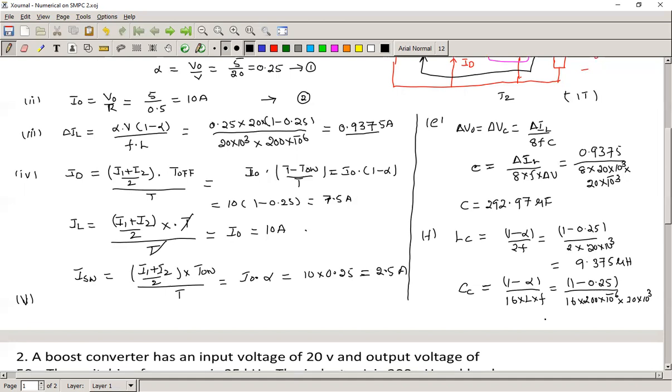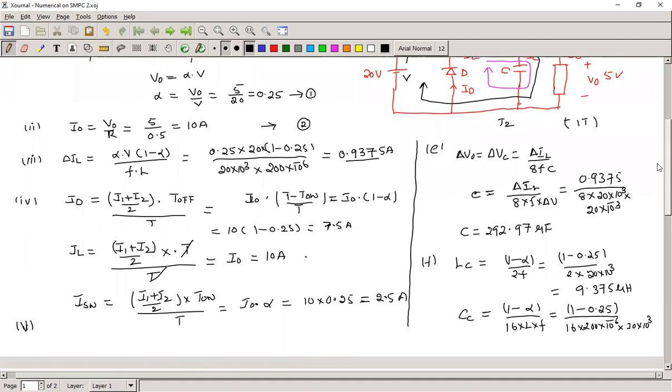If we solve this, we get the critical capacitance CC equal to 12.5 microfarads.